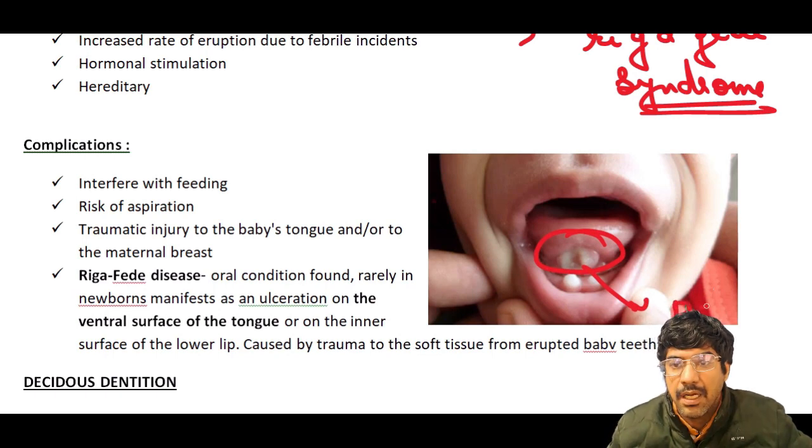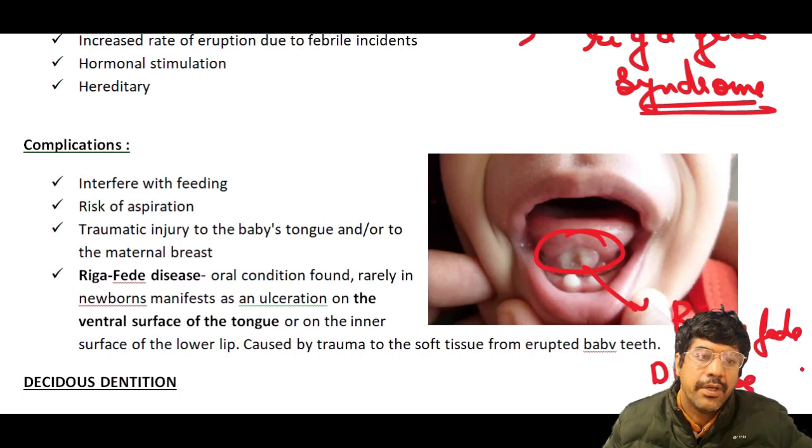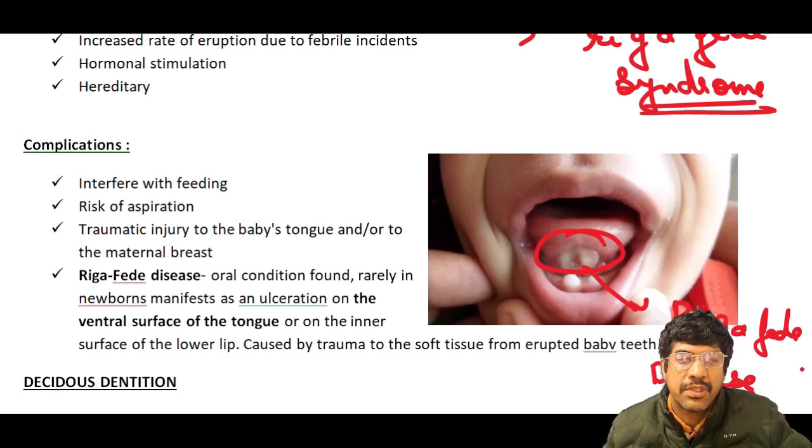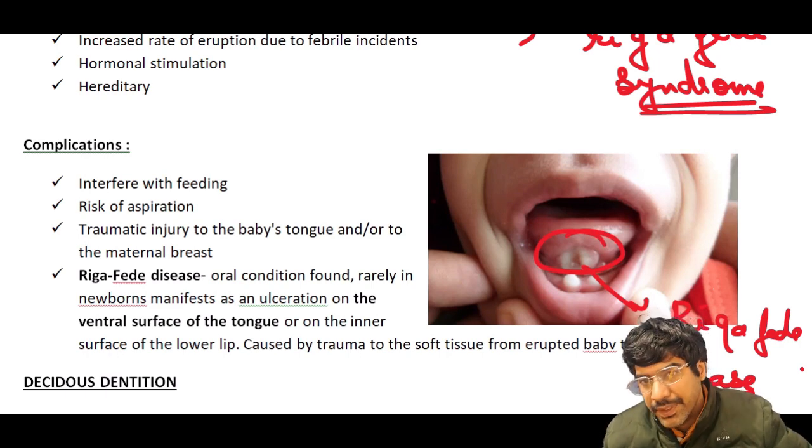That is Riga Fede disease. It is the trauma to the soft tissue caused by the erupted baby teeth, and it manifests as ulceration on the ventral surface of the tongue or on the inner surface of the lower lip.